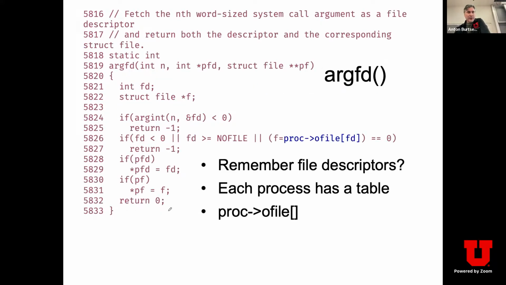When the user passes us a file descriptor as an argument, remember when we fetch the system call arguments, we are very careful. We test everything, making sure that the user is not trying to crash the kernel. But really, at some point, the file descriptor is an index into the file descriptor array, and this array for each process contains the pointer to the file, right?